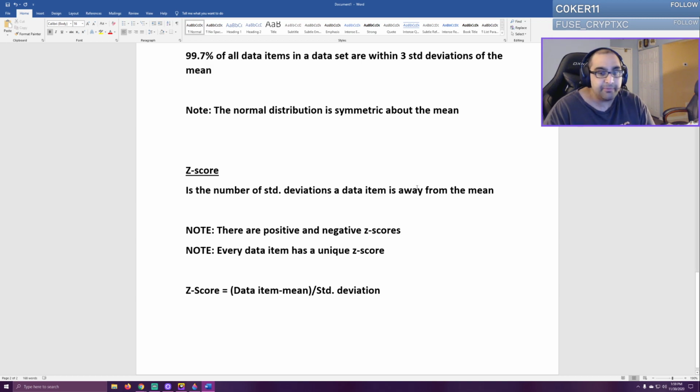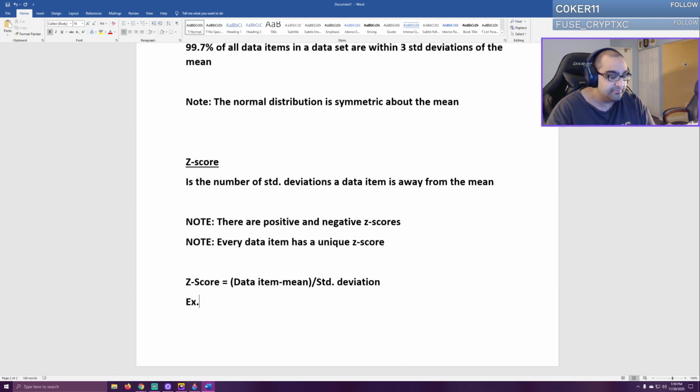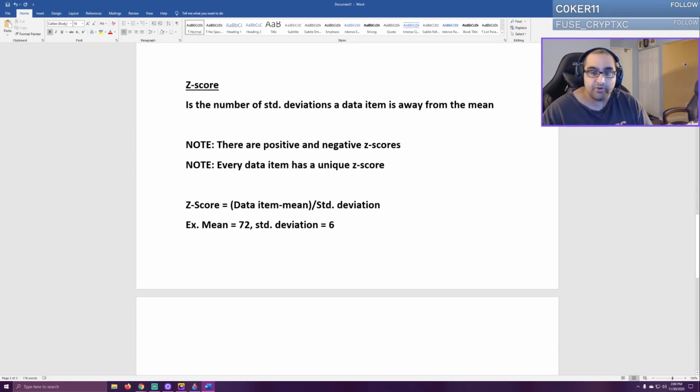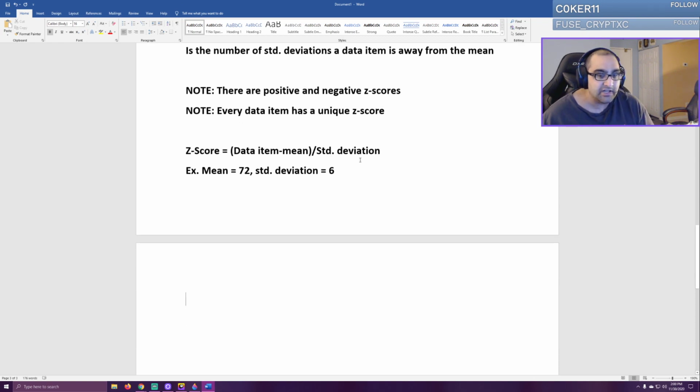So for example, let's do an example. Let's say our mean is equal to 72, and our standard deviation, I'm just making this up, is equal to 6. Let's say I wanted to find the z-score for certain data items.